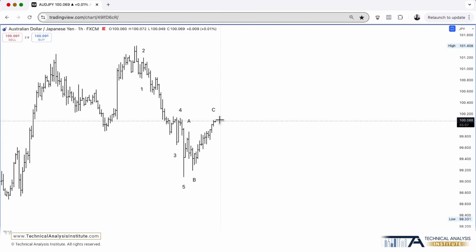There are only three structures there. Sometimes they could take the shape of a combination of those, and that's why we need to use the next aspect of the Elliott wave principle that allows us to know where that termination of the correction could be, and that is via Fibonacci relationships.